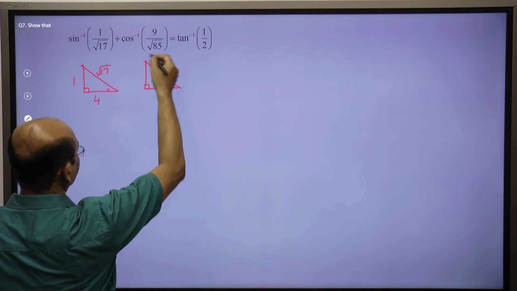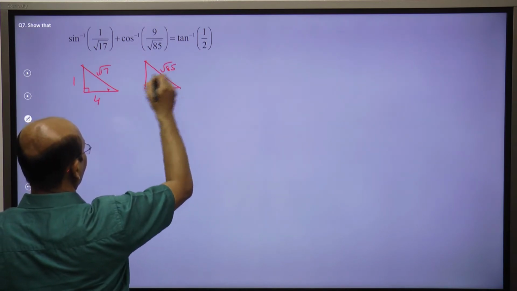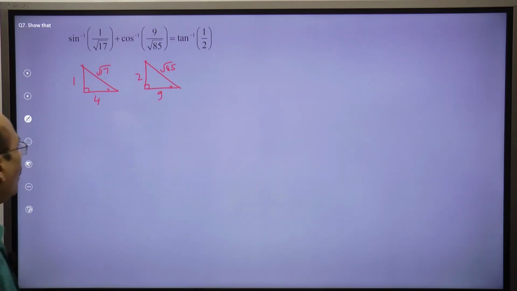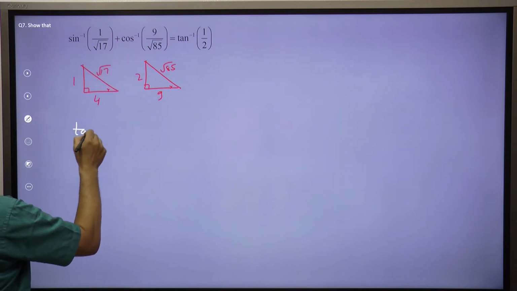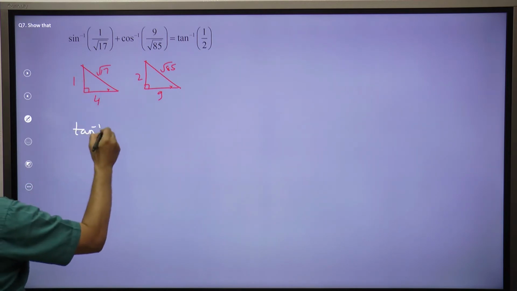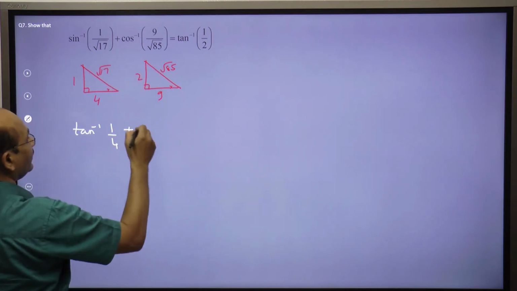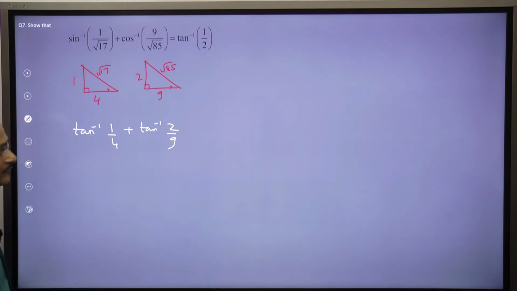And cos is adjacent 9, this is root 85. So I think this will become 2. Okay, guys, I want to convert into tan. So this will become tan inverse opposite upon adjacent, 1 upon 4, plus tan inverse 2 upon 9, as simple as working with this.